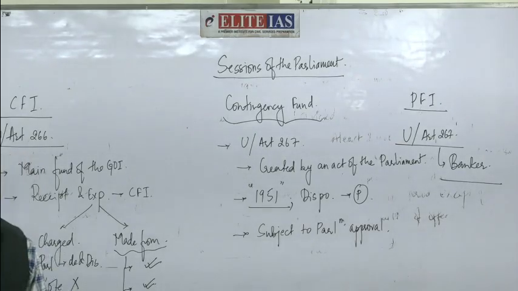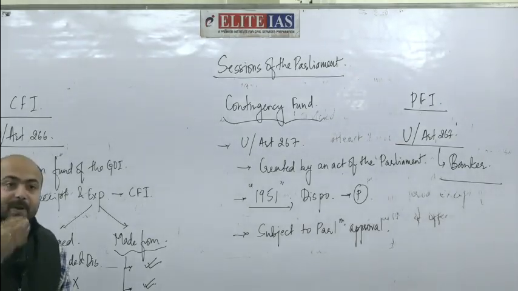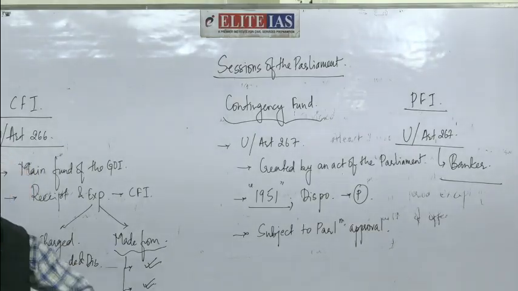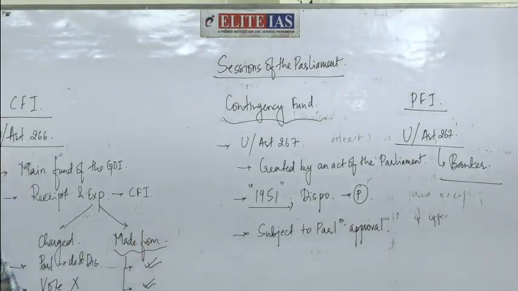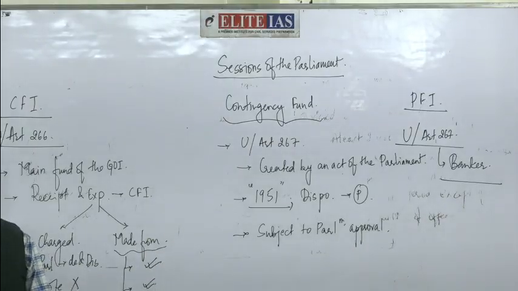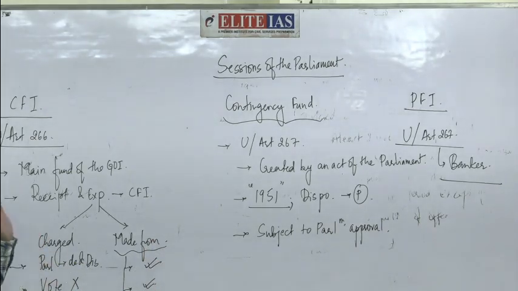So any money that is available for the executive to spend, when will the executive spend that money? Is the Prime Minister of India the owner of a treasury? No. Any money that the executive gets, it gets only when the Parliament approves it.